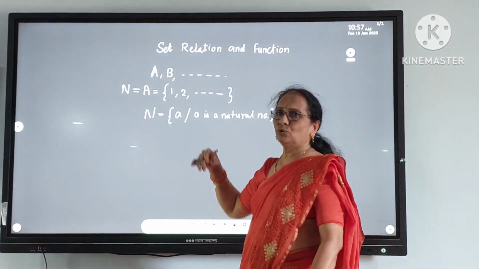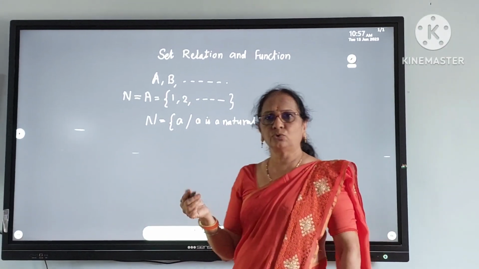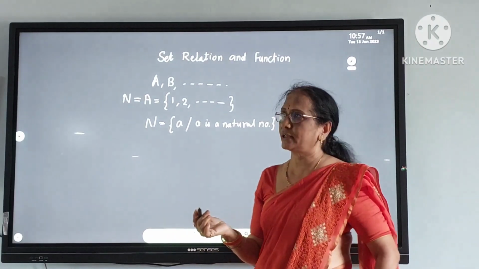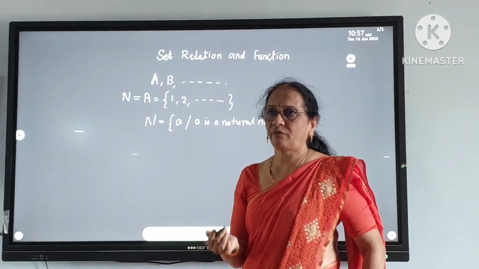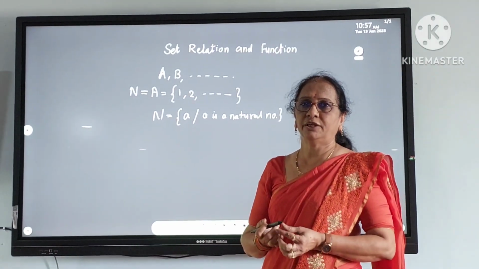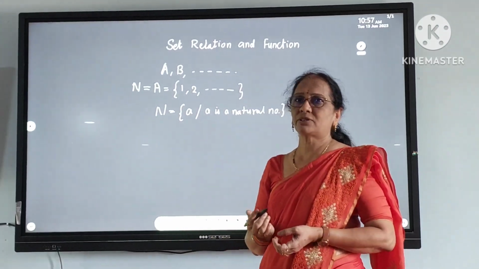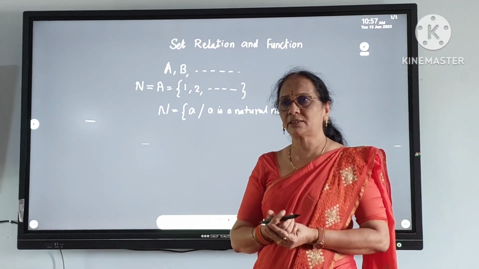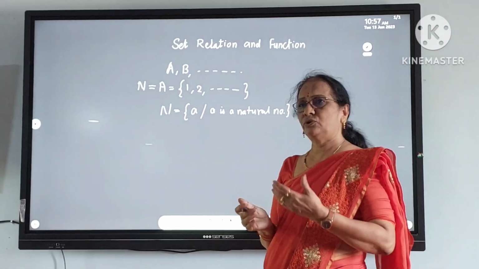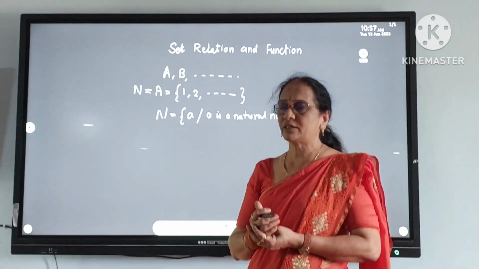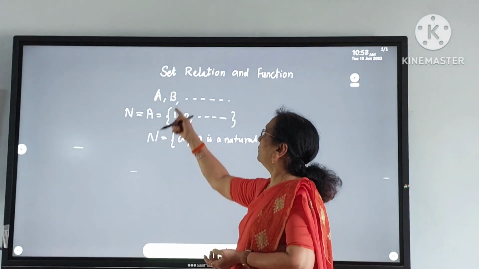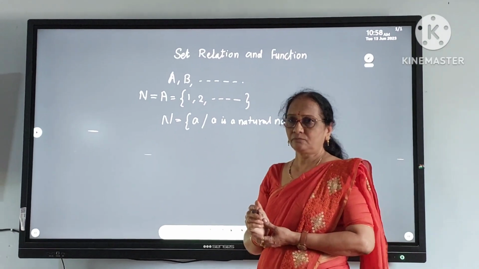Now you know the types of sets and the operations on sets. Types of sets means finite set, empty set, infinite set, natural number set, whole number set, integer set and all these things. You had already learned these in the previous year. Now we come to the point of relation.